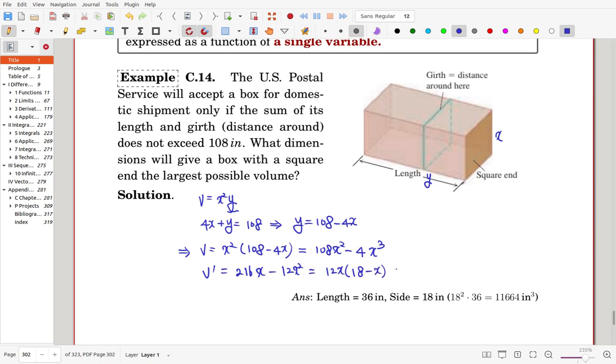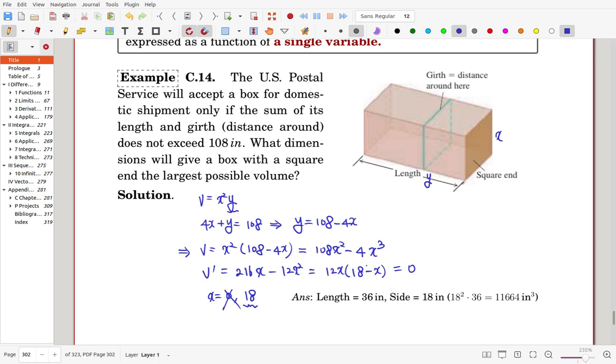If you set it to 0, then x equals 0 or x is 18. But x is a side length here, so 0 cannot be accepted. So the only possible value is 18. And you can check easily that when x is 18, the volume will be maximized.